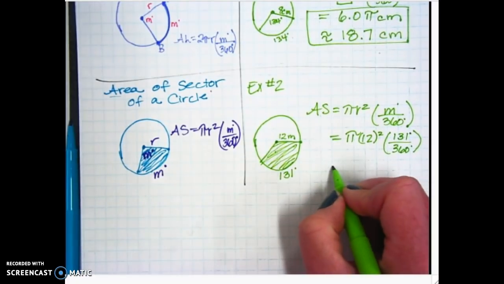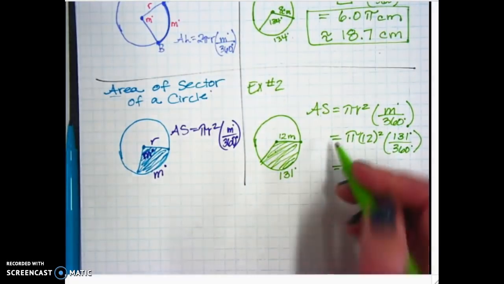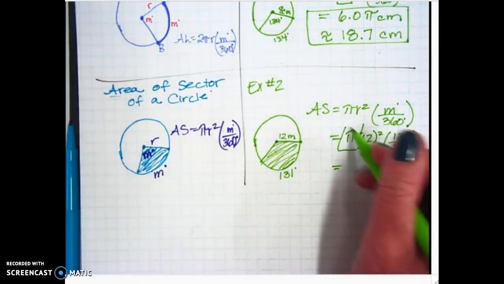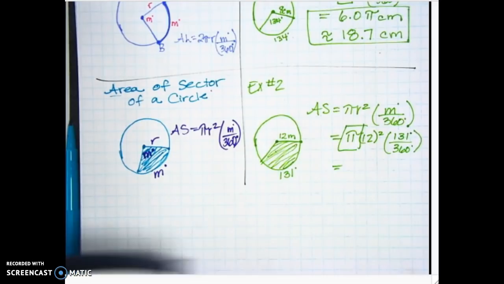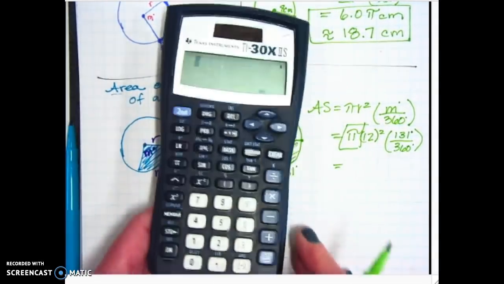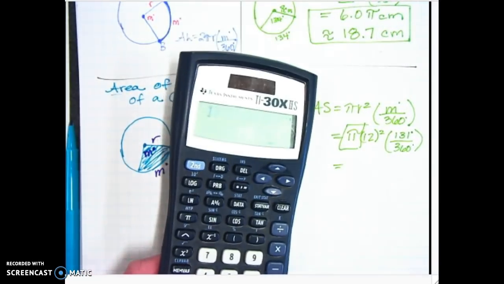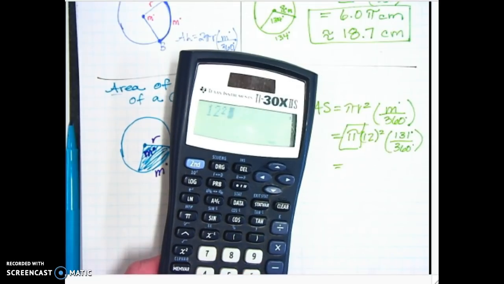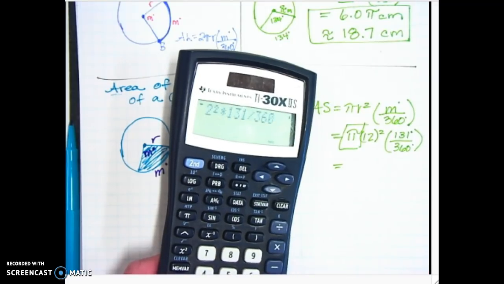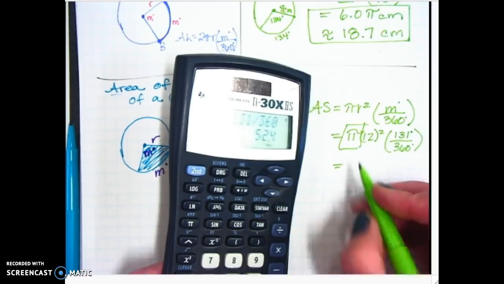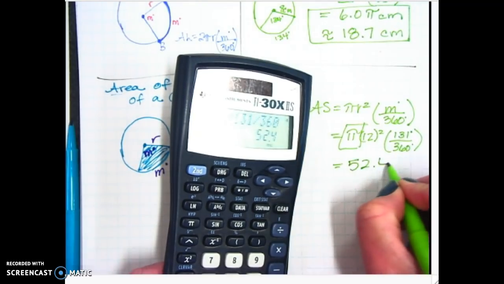For the first answer, plug in everything but the pi button. If you can do 12 squared in your head, do it in your head. If not, you can use the squaring button. So I'm going to do 12 squared, multiply it by 131, and divide it by 360. Hit equals. I've got 52.4 pi.